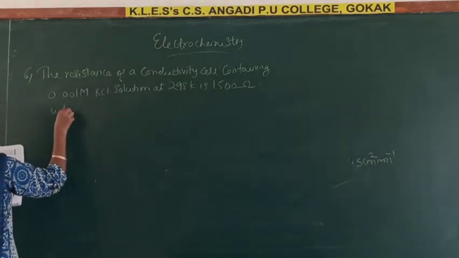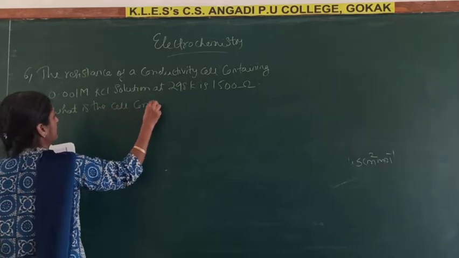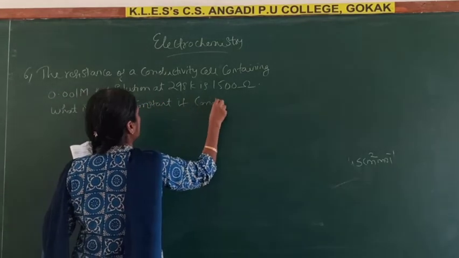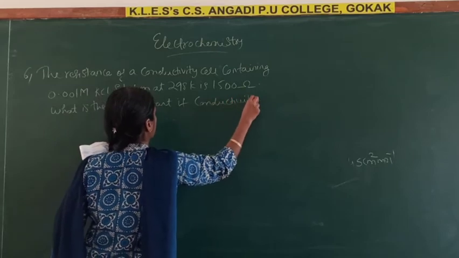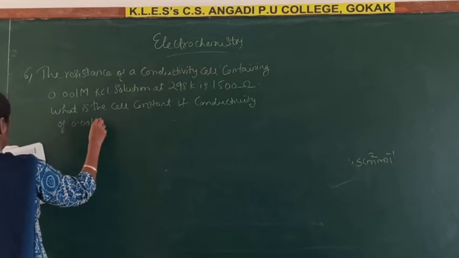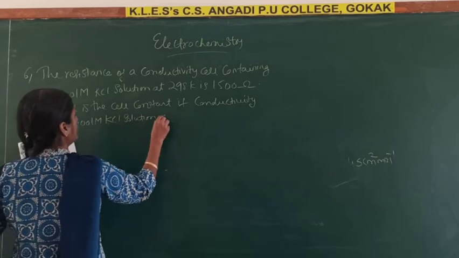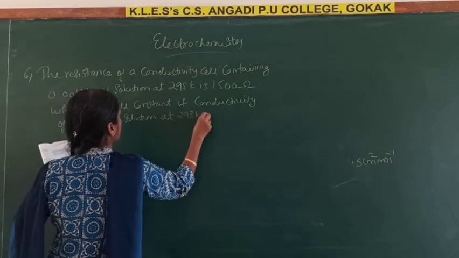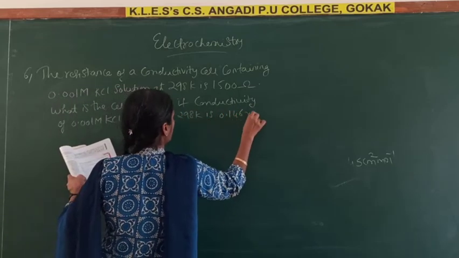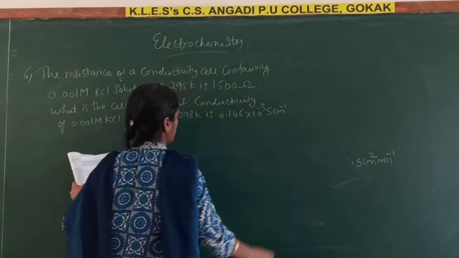What is the cell constant, if the conductivity of 0.001 molar KCl solution at 298 Kelvin is 0.146 into 10 raised to minus 3 Siemens per centimeter.